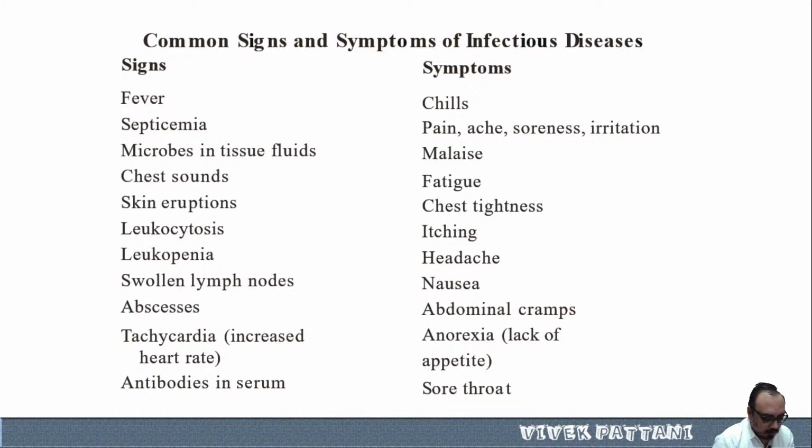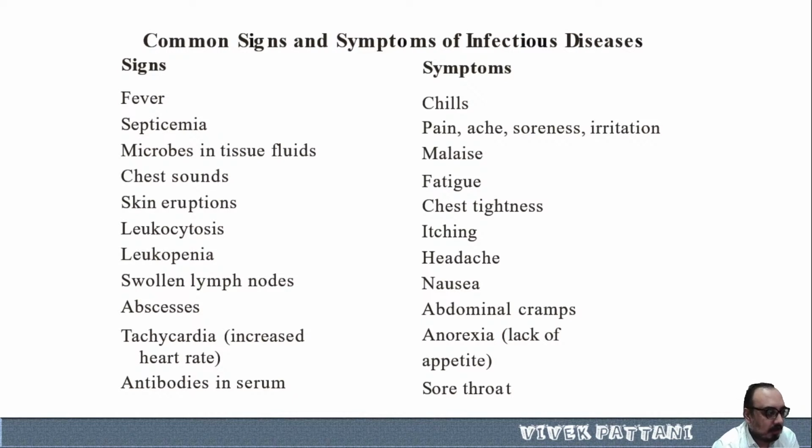Now why do we need to study these terms? It is important because we may get an idea what kind of infection it is or what the organ of the infection is. Leukocytosis, which we can measure, is basically a condition where there is an increase in the number of white blood cells.